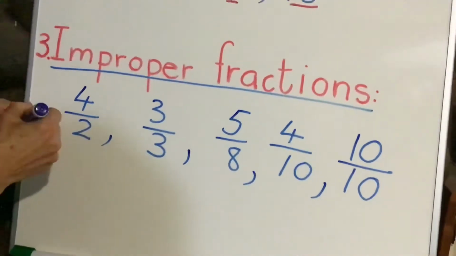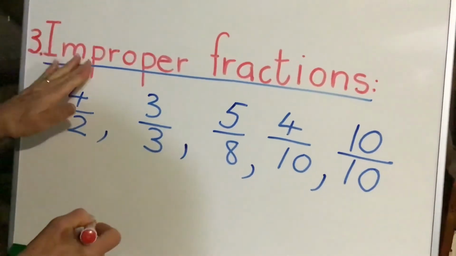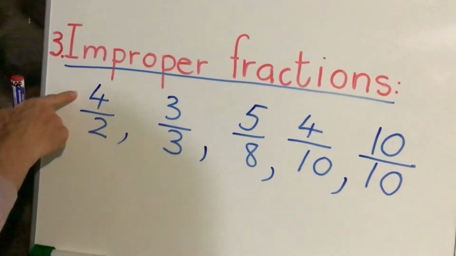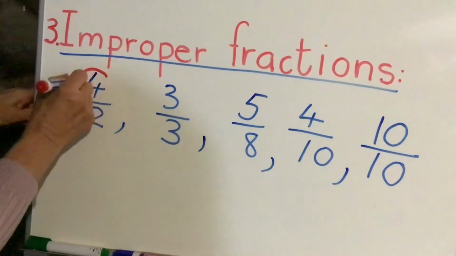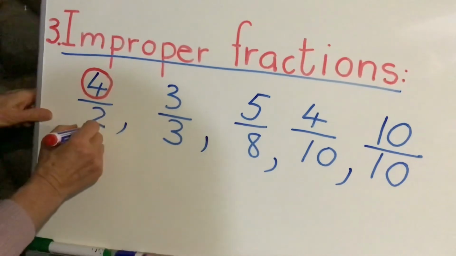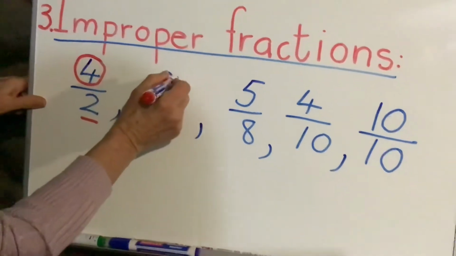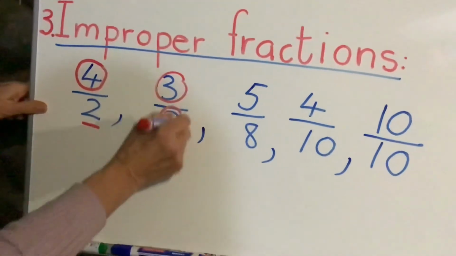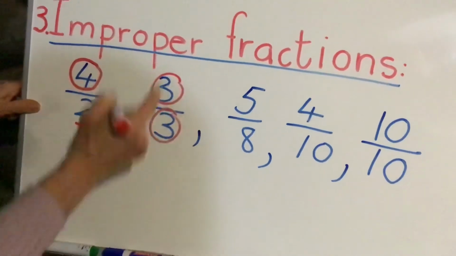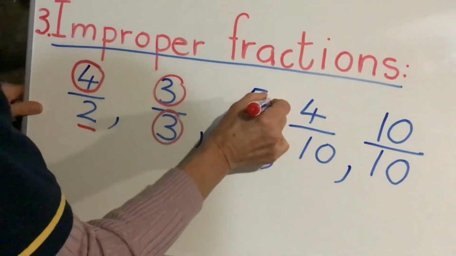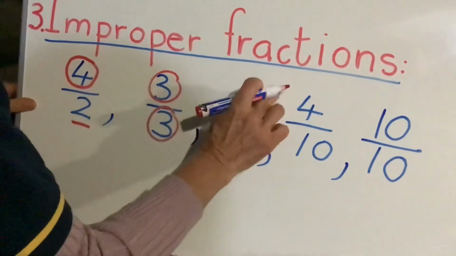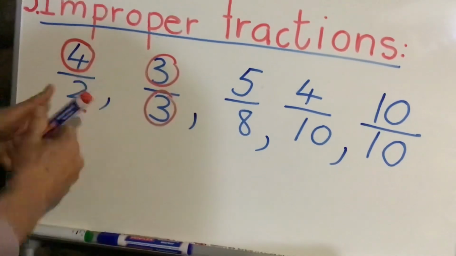Right, so let's look at the first one here just to check that it is an improper fraction. In this case, we have a bigger numerator, bigger than the denominator. If they're the same size, they're also called improper fractions, remember. Here I've actually made a 5, so I've got to correct that one.